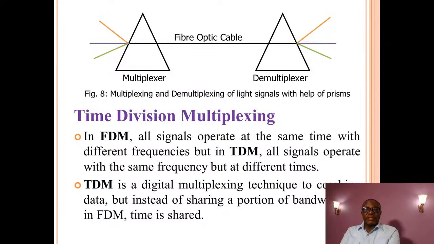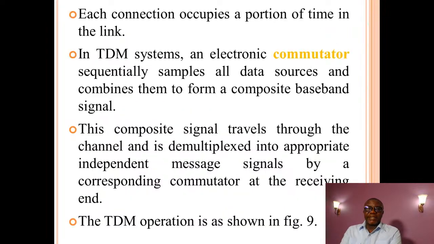So TDM is a digital multiplexing technique to combine data, but instead of sharing a portion of the bandwidth as in FDM, time is shared. Each connection occupies a portion of time in the link. In TDM systems, an electronic commutator sequentially samples all data sources and combines them to form a composite baseband signal.